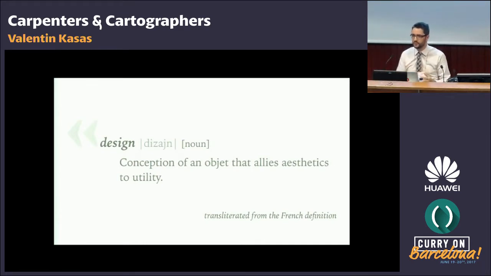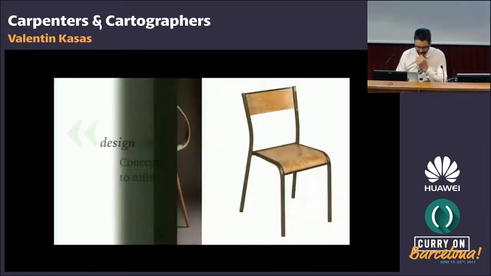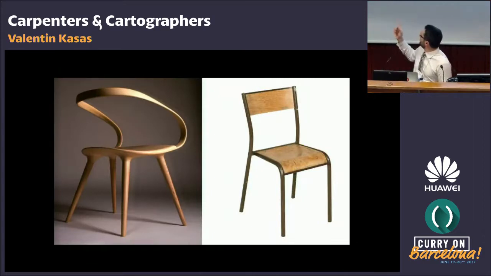In French, we don't use the word design to speak about the process of building stuff. It's a very, very concrete and precise meaning. So, for example, the chair on the left is an instance of design, whereas the chair on the right isn't. Okay?